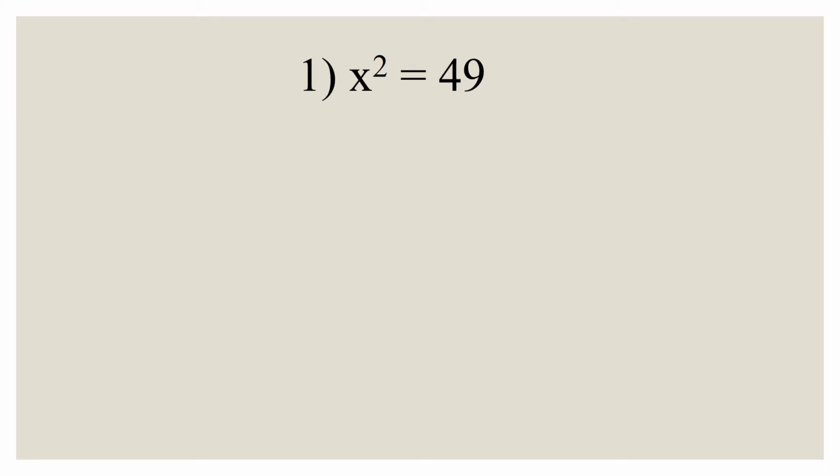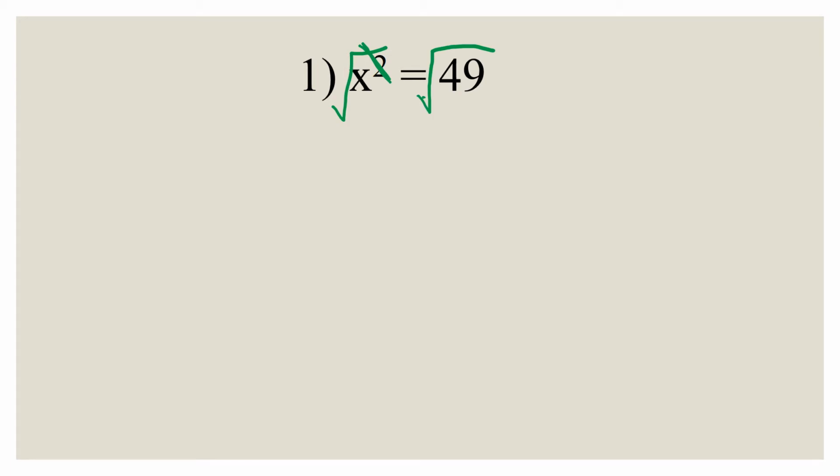But I'm going to show you a little shortcut where whenever I have an x squared, if I want to solve it, I can take the square root of it. But if I take the square root of that side, I have to take the square root of the right side. The reason I do that is because a square root cancels a squared. And if you want to know why, I'll show you in class.